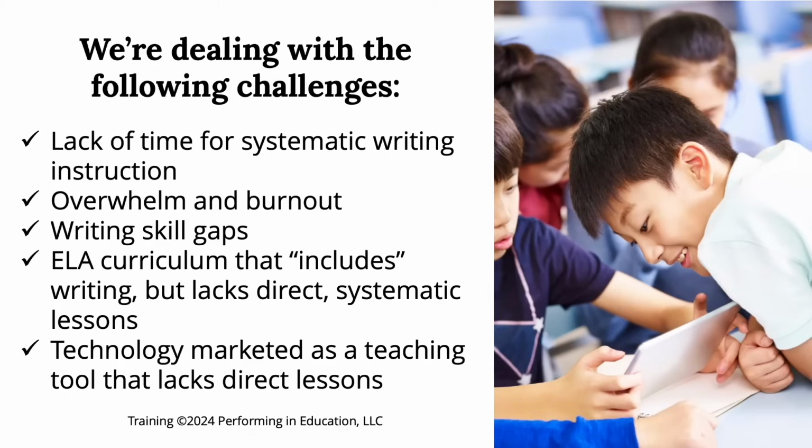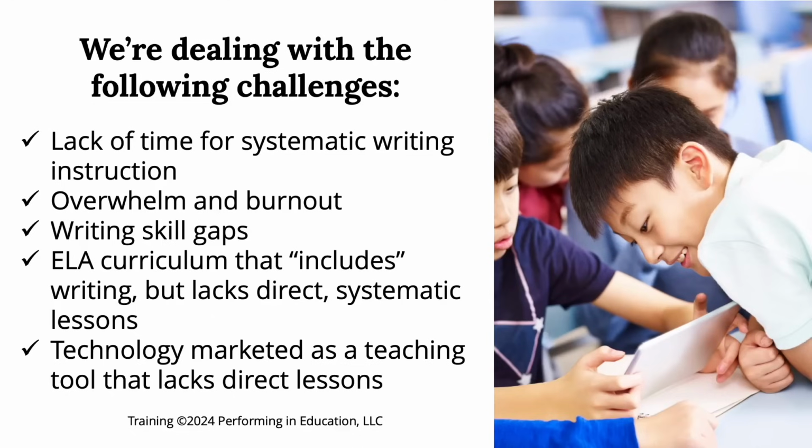There was one in particular, and luckily this is one that was not on any of the teachers' lists because all the teachers are looking for writing as a part of that literacy block. But there was one that said writing was included, and it was only a couple questions at the end of each reading unit or reading lesson that had students respond to the text. So no direct instruction. I've seen some that have direct instruction, but it's very scattered here and there. It's all kind of all over the place.